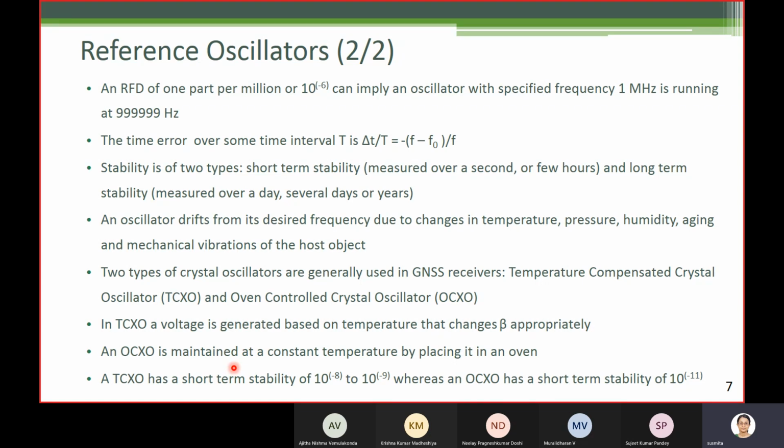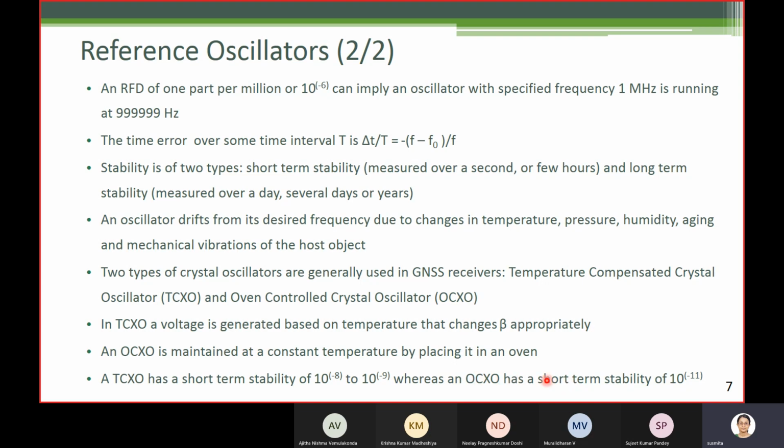So here we have talked about the crystal oscillators. We know that GPS or GNSS satellites use atomic clocks. Atomic clocks are much more accurate than reference crystal oscillators, especially in terms of the long-term stability. They have much higher long-term stability.